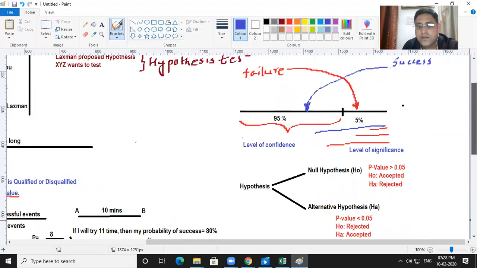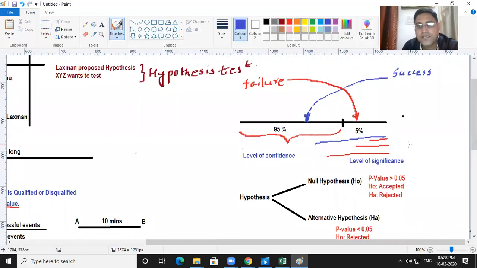It means Lakshman is 95% confident, and he did it on the basis of the parameter which we fixed, that the p-value will be 0.05. He hit 4 sixes in 6 balls, and that is why the p-value is greater than 0.05. He is falling in this area.